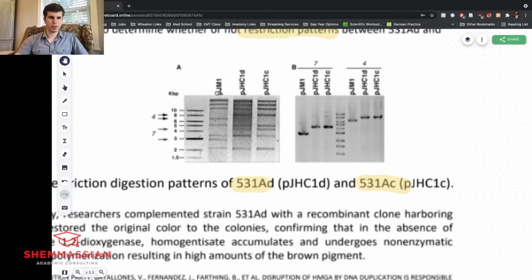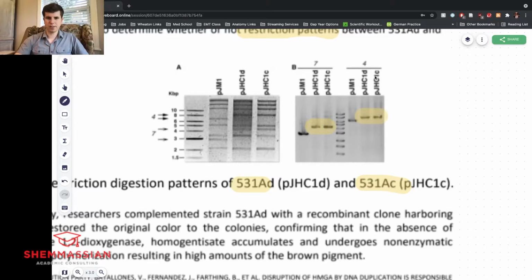I'm not really caring that much about PJM1. But if we look at these, the first line, they're lining up. It looks pretty identical across the board on the way down, comparing the kilo base pairs on the A there, and then as we compare this restriction, the 1D and 1C look very similar.